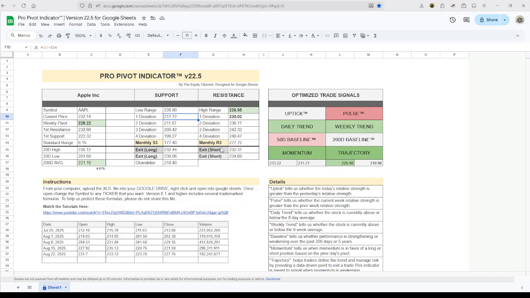Now, the monthly S3 and R3, these are very important levels on your pivot profile. These levels here give you the most probable range over the next month, period.